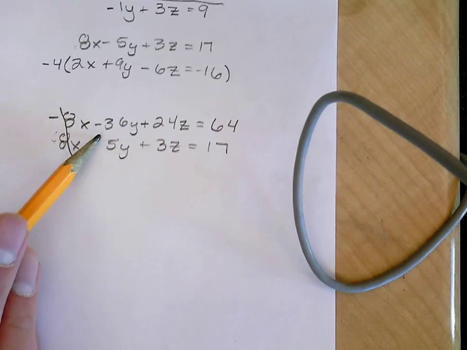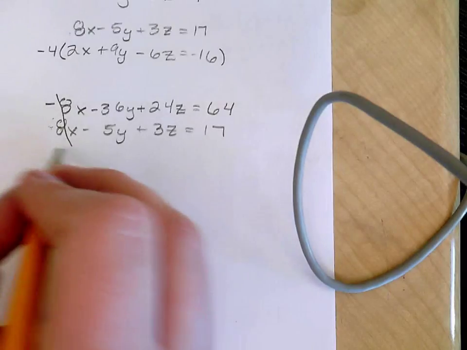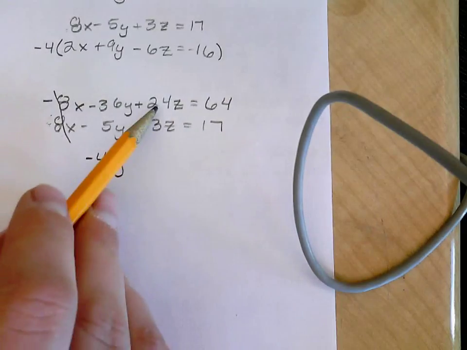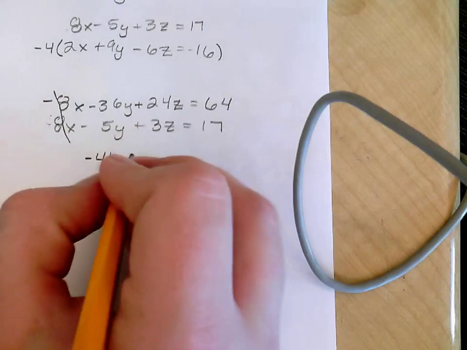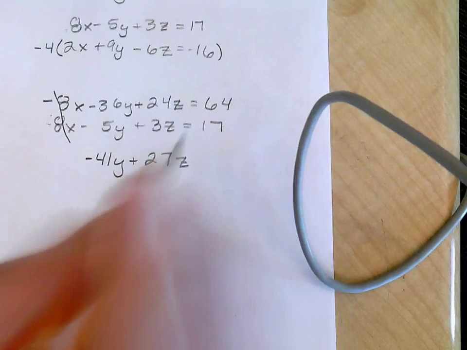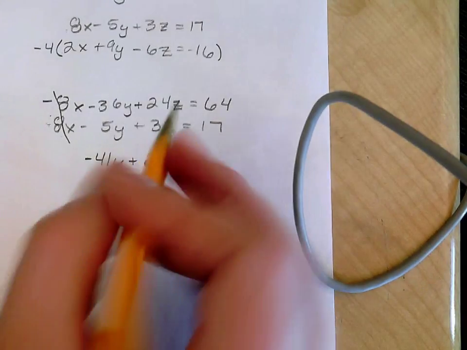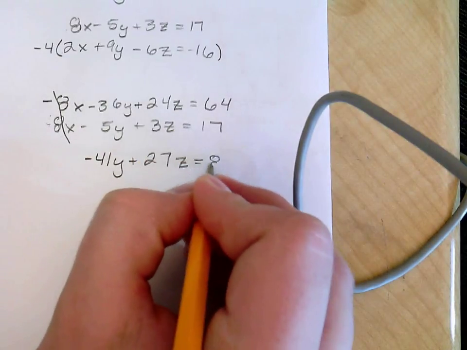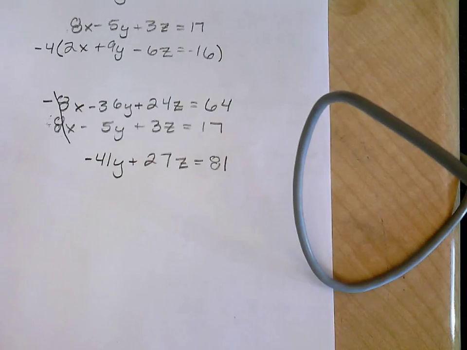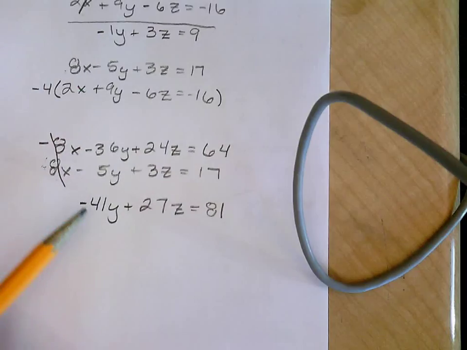So, when we take the -36 plus a -5, that will give me -41y. 24 plus 3 gives me 27z. And then 64 plus 17 gives me 81. So, now I have two equations.